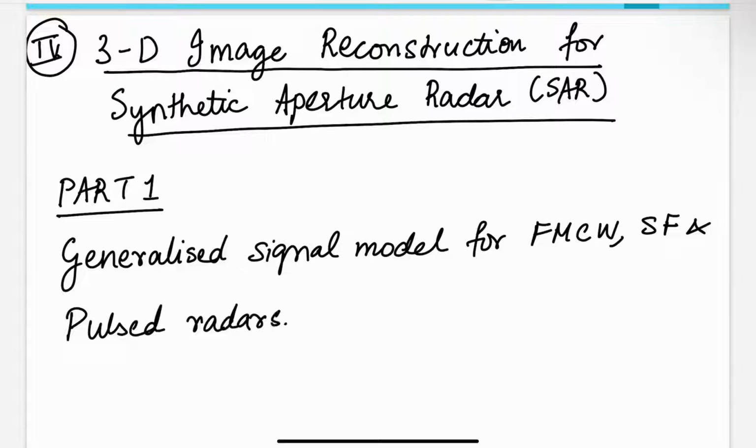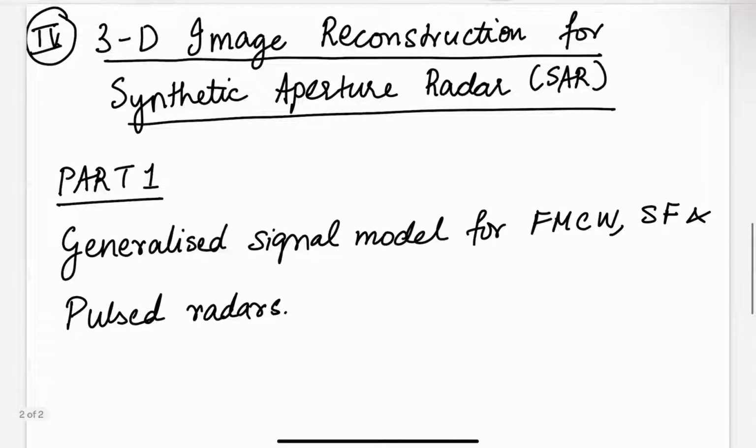So what I want to do here is basically to form a generalized signal model, which will allow us to do SAR reconstruction for any kind of radar. It doesn't matter if you use FMCW, step frequency, or pulse radars. So I'll do that in the start.